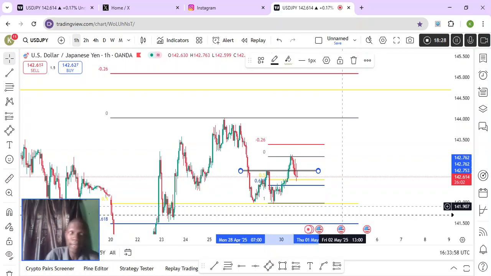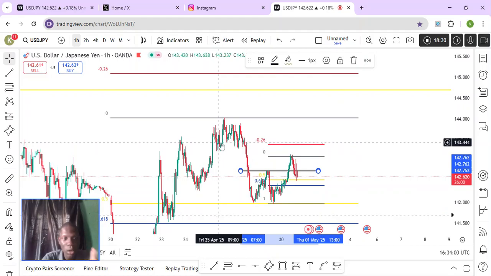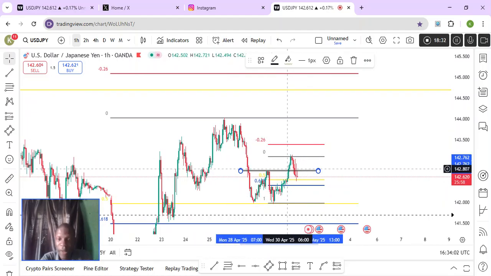So the thing is, on this USD JPY, if we find a bullish engulfing candle or any solid bullish candle, we are going to enter this trade.